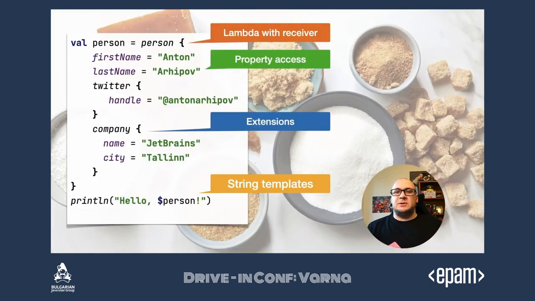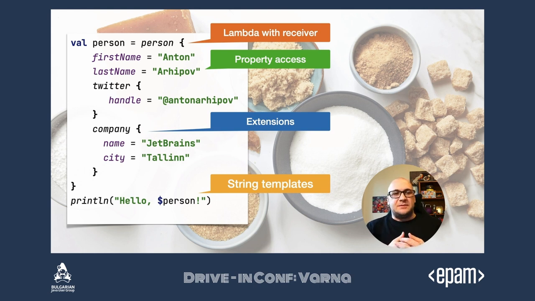Let me show you the ultimate example of what an idiomatic program looks like in Kotlin. Kotlin is really well known for its ability to create DSLs, and this is one example of that. It looks really like a configuration, like JSON, right?